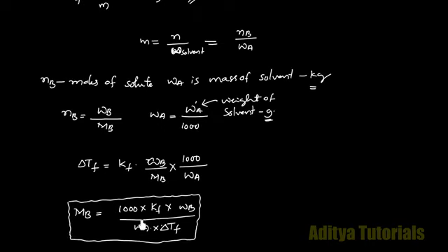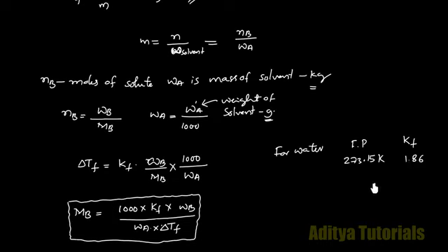Okay students, we should know some values here. For water, the freezing point is around 273.15 Kelvin, and the Kf, that is the molar depression constant or freezing point constant, is 1.86.